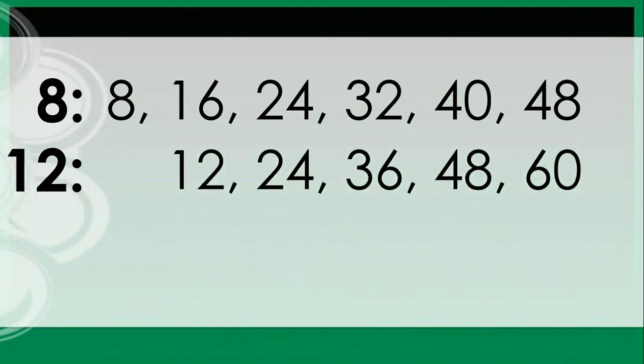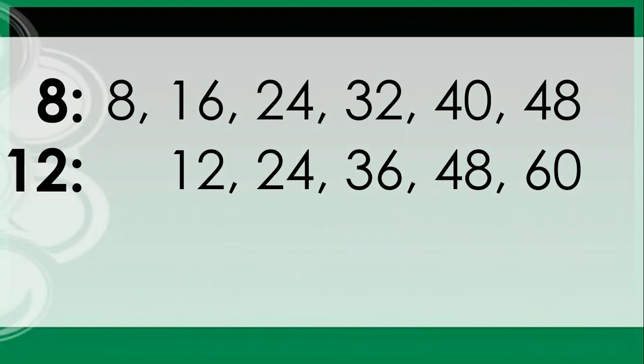To solve the problem, I count the number of days of my grandfather's visit this way. We have 8 and 12. The multiples of 8 are 8, 16, 24, 32, 40, 48, and so on. For 12, we have 12, 24, 36, 48, 60, and so on.